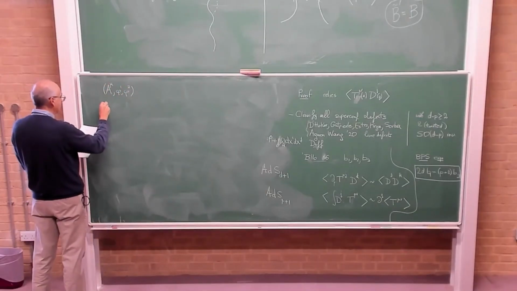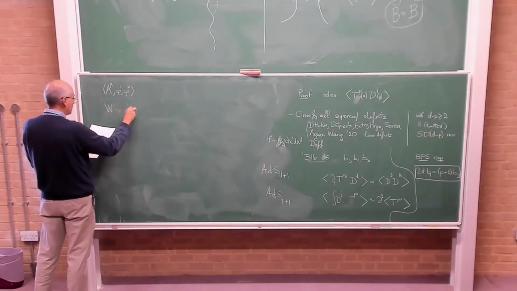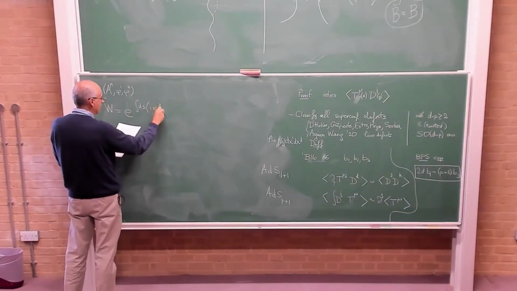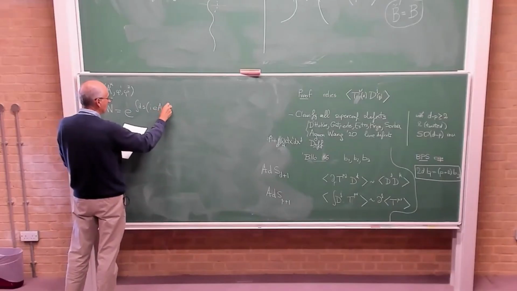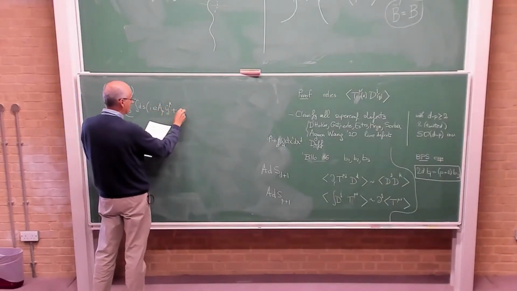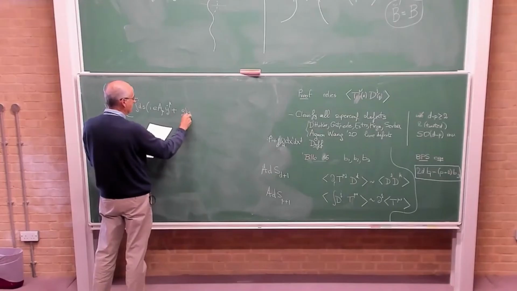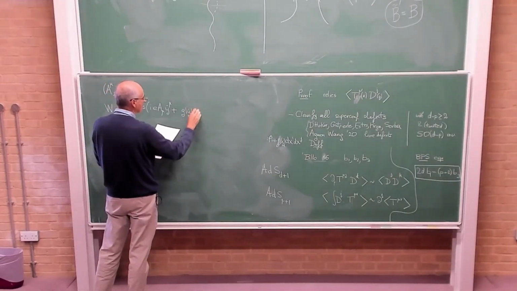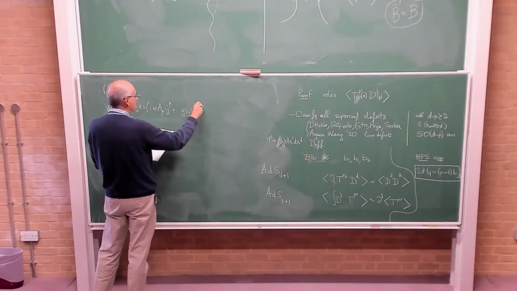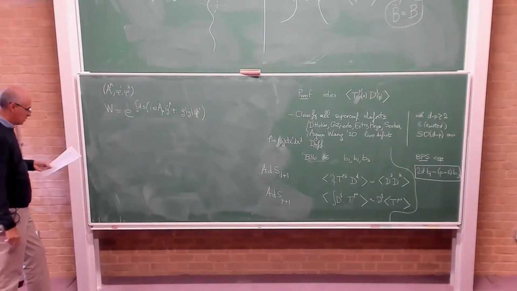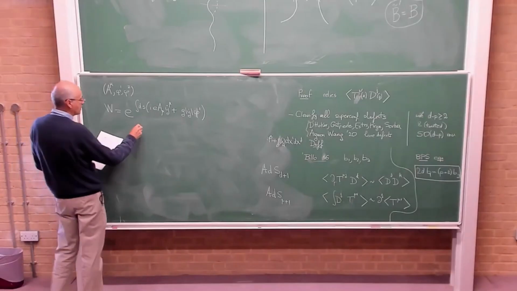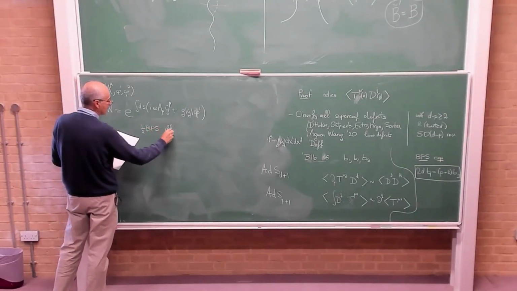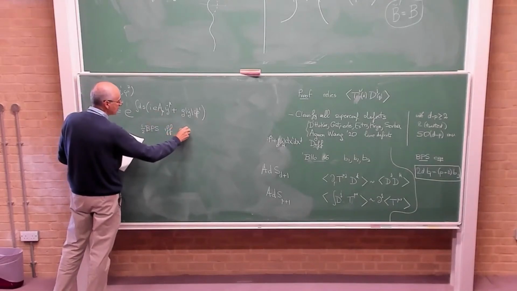I have the line defect, let me write it here, which couples to the gauge field and to the scalar. A priori, the two couplings can be different. That's a unit vector. Well, let's call it phi1. Right, and this is half BPS if e is equal to g.